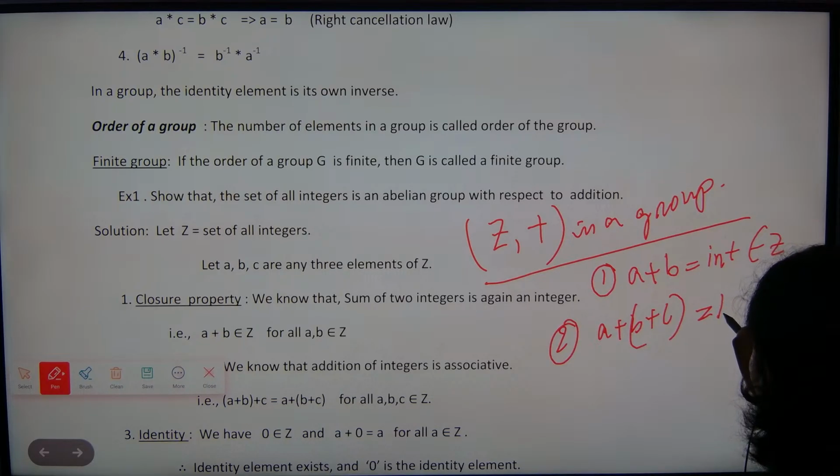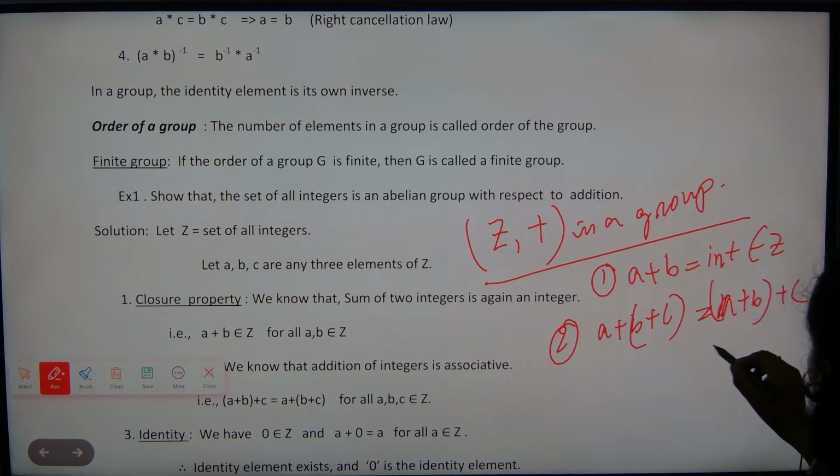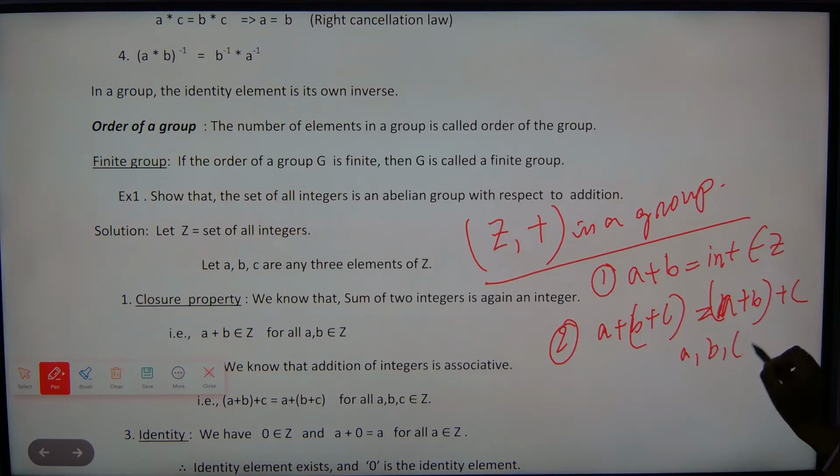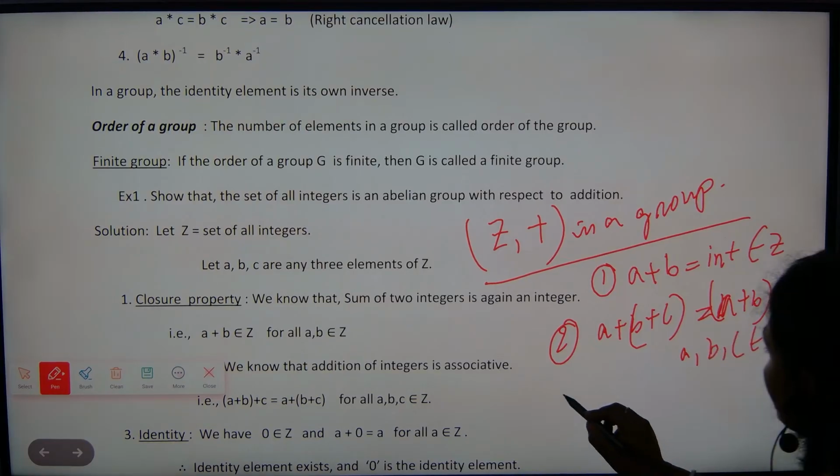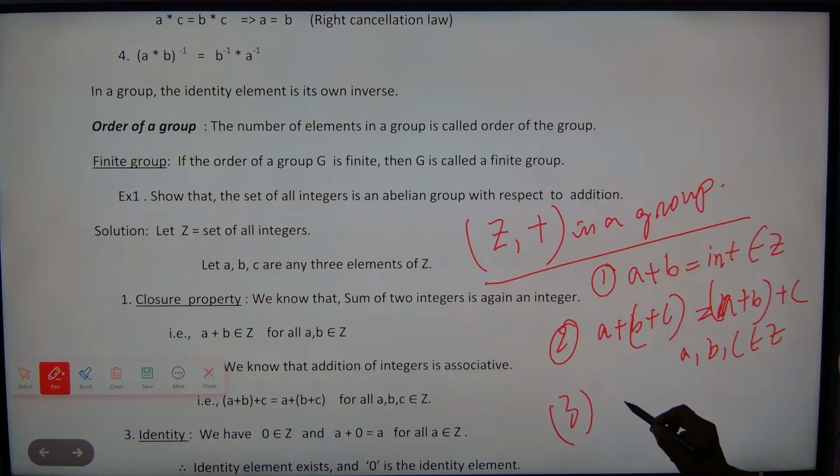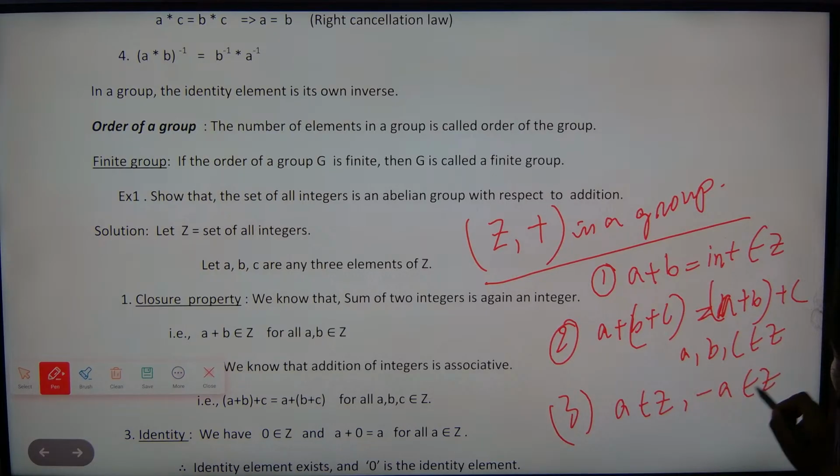Yes or no? (A plus B) plus C, A, B, C belong to Z. Got it? Third, every element, if A belongs to Z, minus A also belongs to Z because integer. Yes or no?